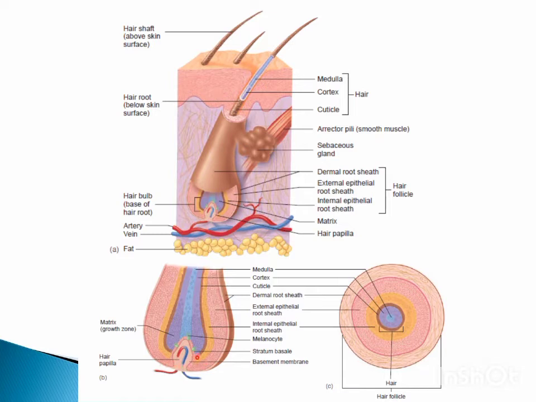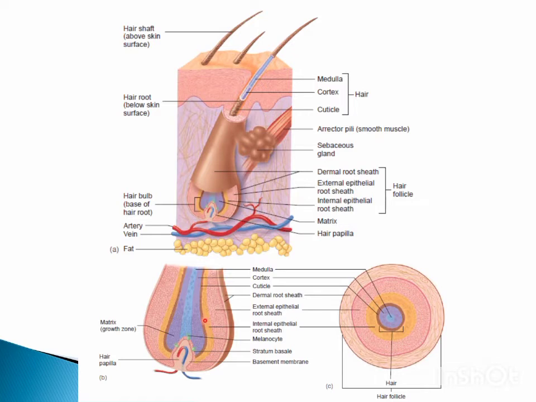So when we pluck hair, the epithelial root sheath could be visible around the root of the hair as a white material. The hair bulb is an expanded knob at the base of the hair root. Inside the hair bulb, there would be a mass of undifferentiated epithelial cells that produces the hair and the internal epithelial root sheath.